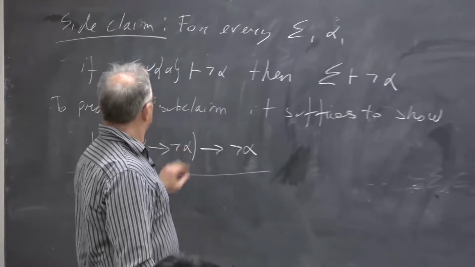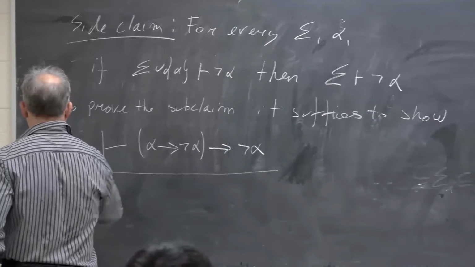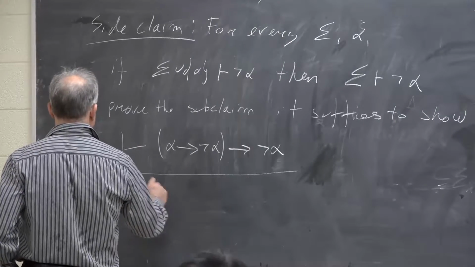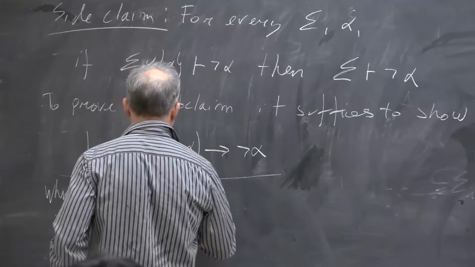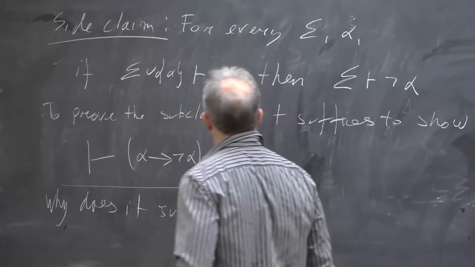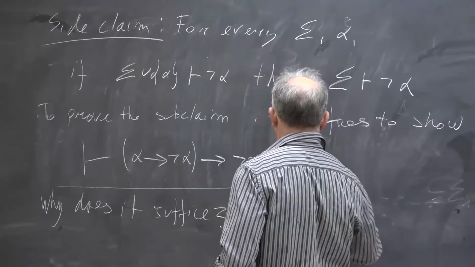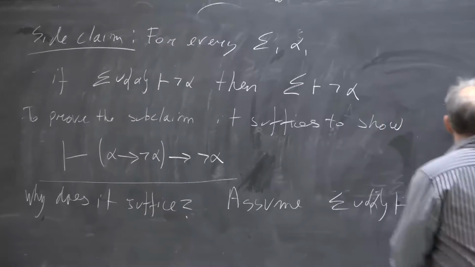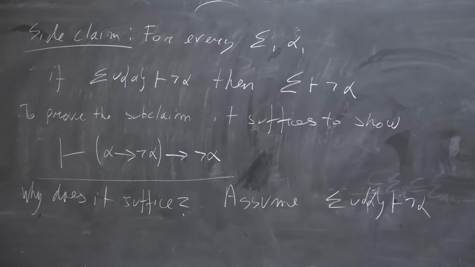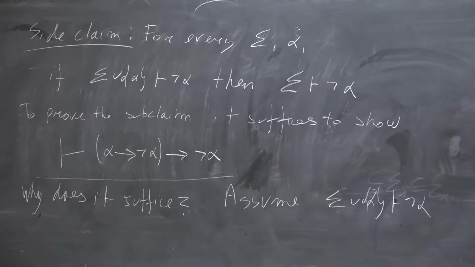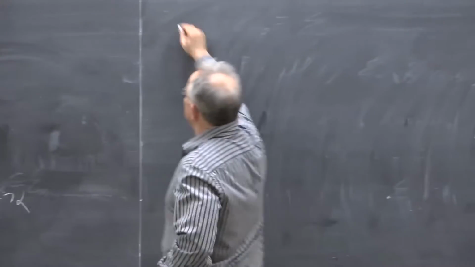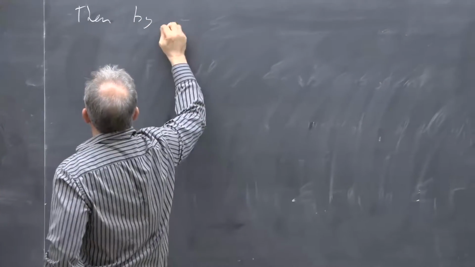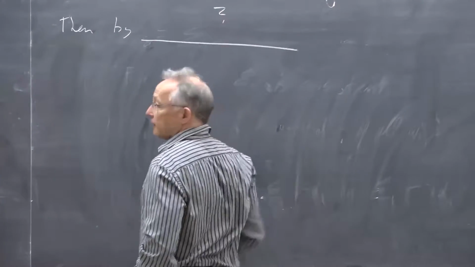Why will this suffice? So assume sigma union alpha proves not alpha. Then, and now I'm asking you, by what?